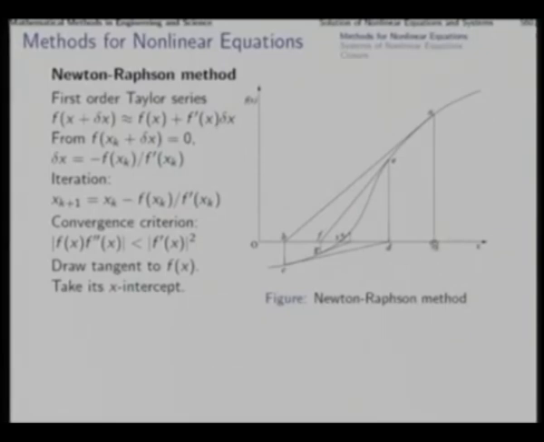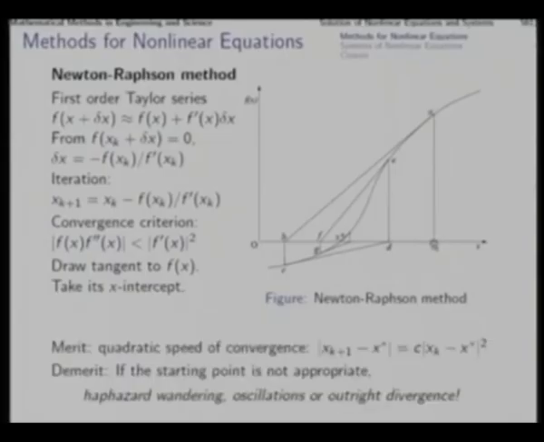You start from a guess point and evaluate the function and reach this point. At this point, make a first order approximation of the curve, that is a tangent based approximation. So, that means draw a tangent to the curve at this point, and wherever that tangent crosses the x axis, take that as the next point.